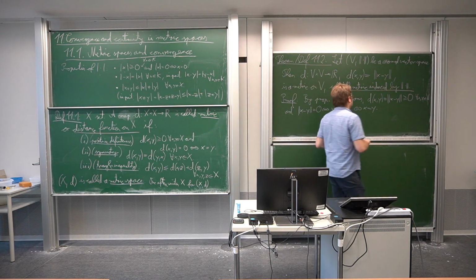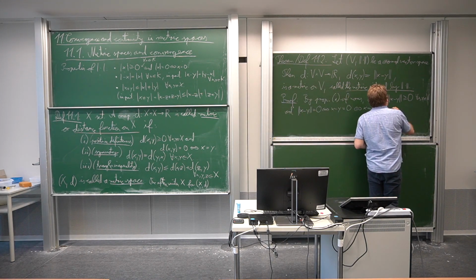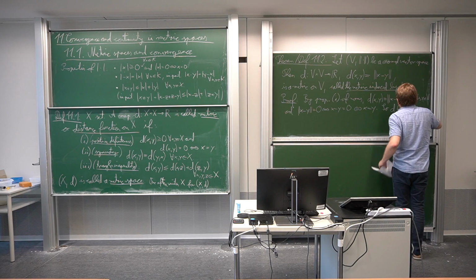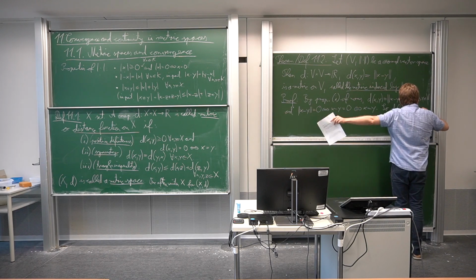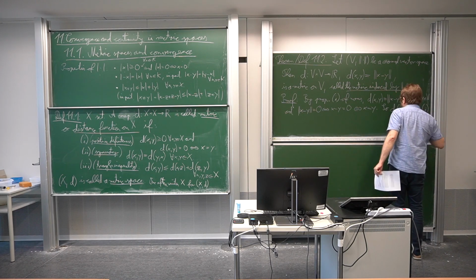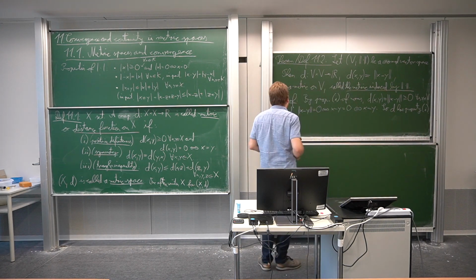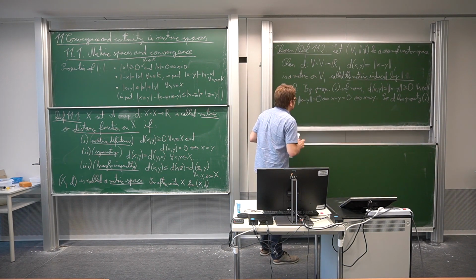So d has property 1 of a metric, which is satisfied here. Okay, the symmetry is easy.